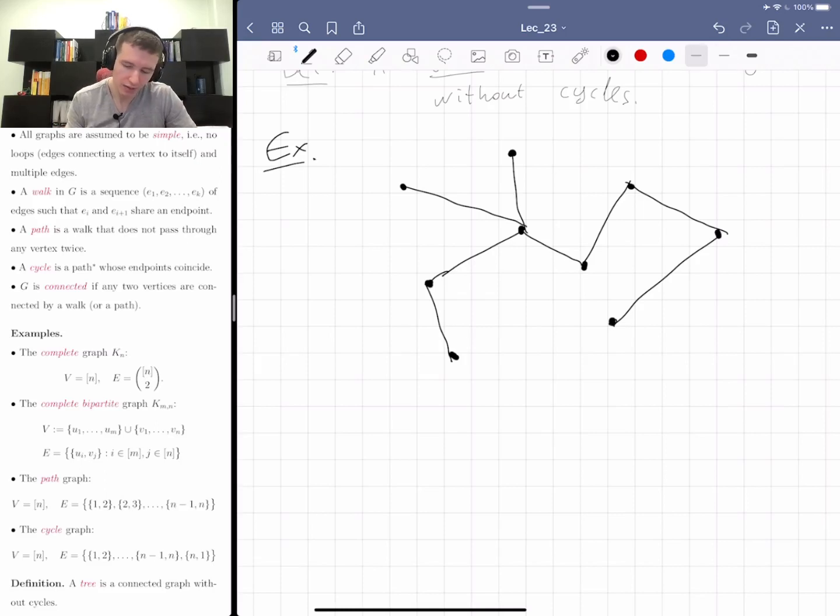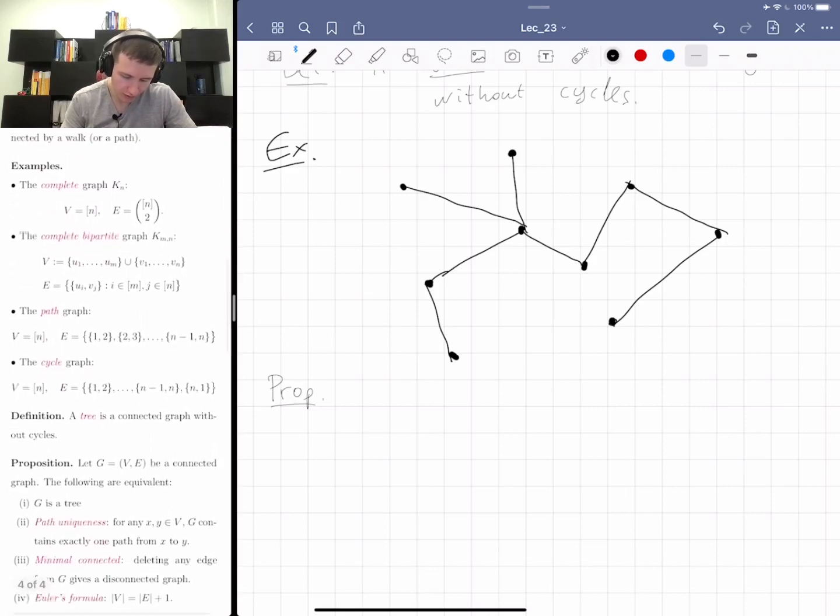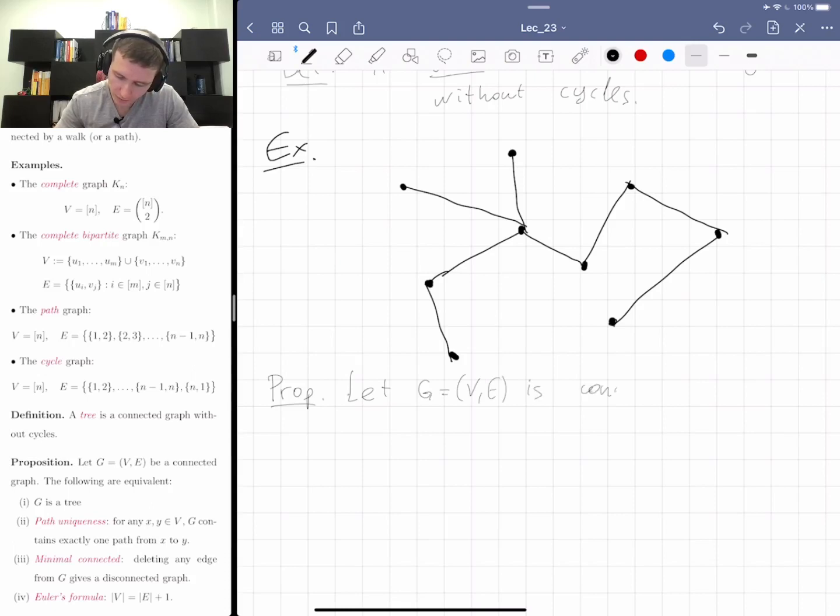I'm also going to assume that you have seen this before, but as a reminder, here are some of the different characterizations of trees. Proposition: let's say I'm going to assume that G is connected. Then the following conditions are equivalent.